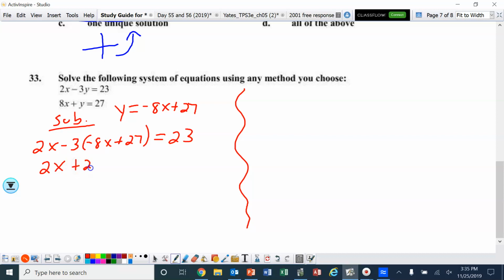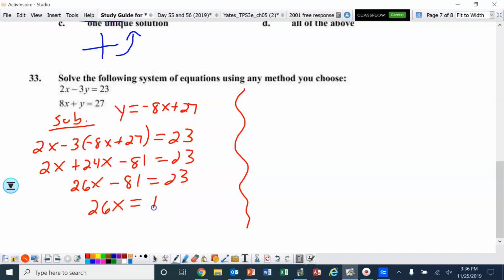2x plus 24x minus 81 equals 23. Combine like terms, 26x minus 81 equals 23. Add 81 to both sides, so 26x equals, let's see, that's 104. Divide by 26, x is 4.